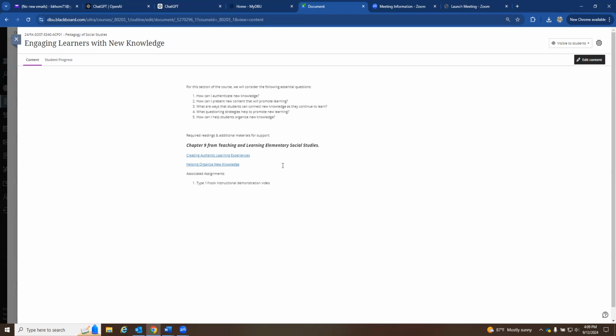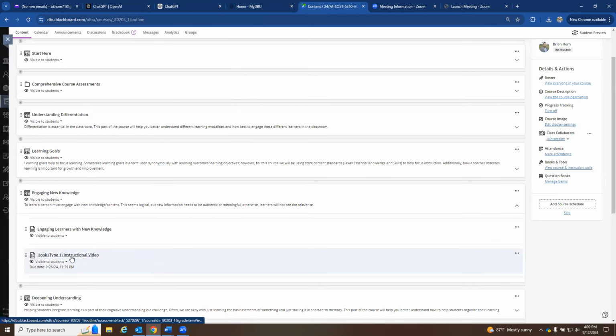A lot of times you'll see different strategies like guided notes or graphic organizers. Both of these articles are pretty concise, and I would encourage you to read both of them because for this particular module, your assignment is developing a hook lesson or a type 1 lesson.